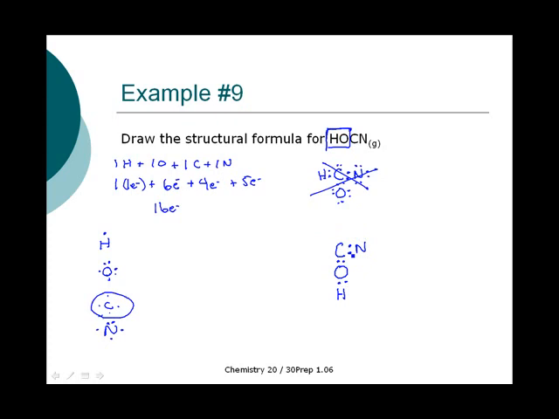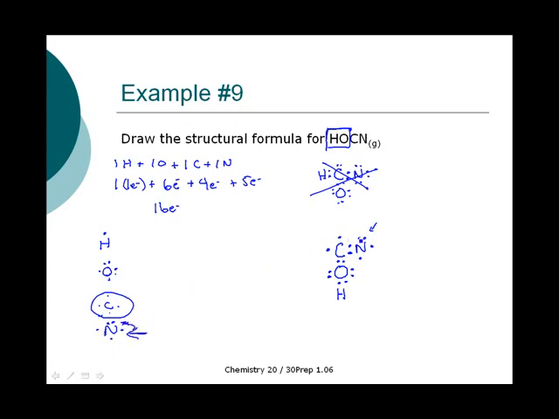We have all of our bonding electrons in, and now we'll put in the rest. So that's 6, 7, 8, 9, 10, 11, 12, 13, and now we'll start doubling them up. 14, 15, 16.